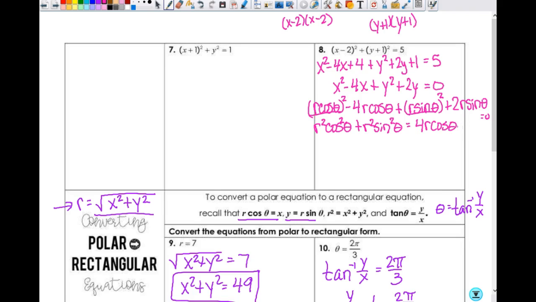And then when I move this one over to the other side, it's going to be minus 2r sine theta. I'm running out of room. And here's why I'm doing it like that: because I put the squares on one side and the not squareds on the other side. I've got GCFs. GCF, r squared.